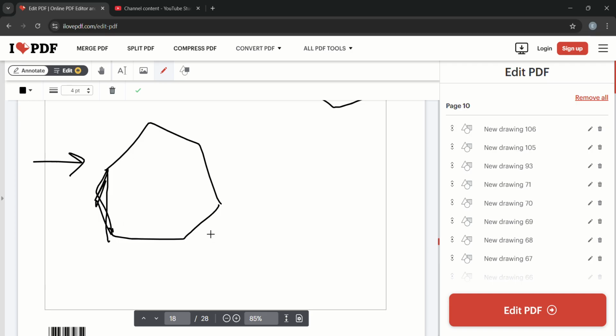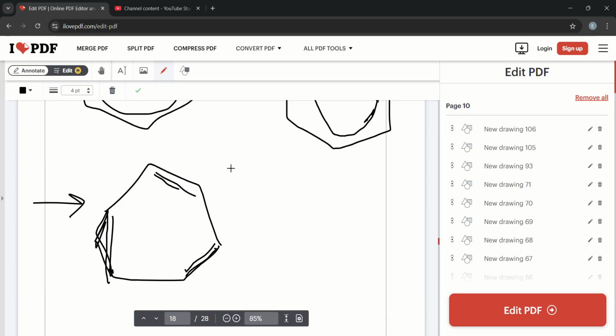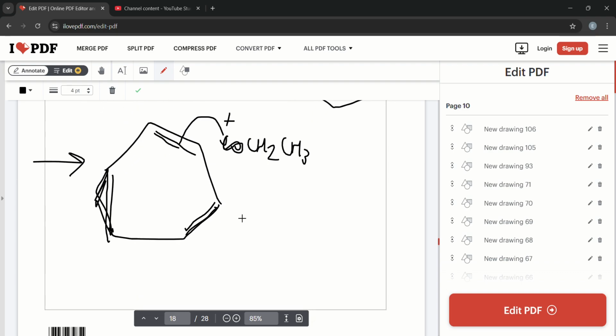Now I've got it. And what happens is these double bonds are alternating, 3 alternating double bonds, and you've got COCH2CH3 positive, and it goes from here to there, and now, actually no, we're done.